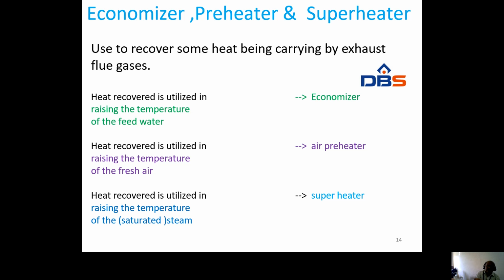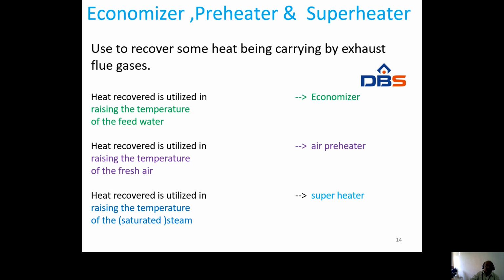That particular component is called the economizer. With the help of the economizer, using exhaust gases, we raise the temperature of the feed water. Like this, we can save a lot of heat, and the economizer increases the efficiency of the boiler.